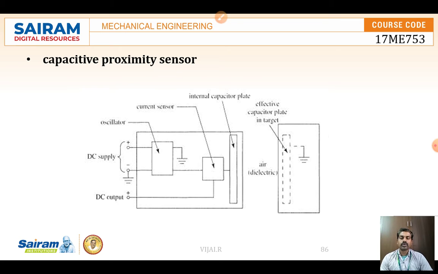When they come closer, the gap between the two gets nearer and nearer, and it allows the flow of current between these two plates. At that time we come to know the return signal. There is a change in the current and it gets the output, then it gives the return signal. This is one type, which is called capacitive proximity.